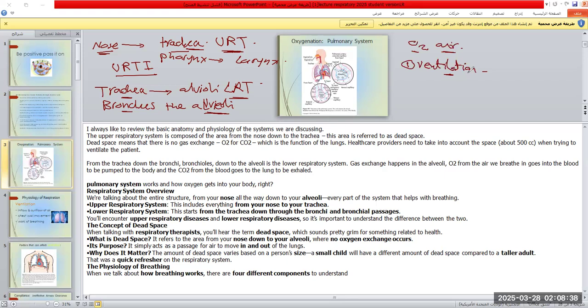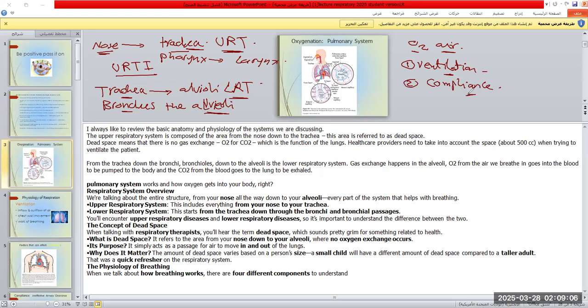The second thing is compliance, which means the ability of the lung to expand and to recoil again. It's elastic: it expands, gets bigger during inspiration, and recoils again during exhalation or expiration.